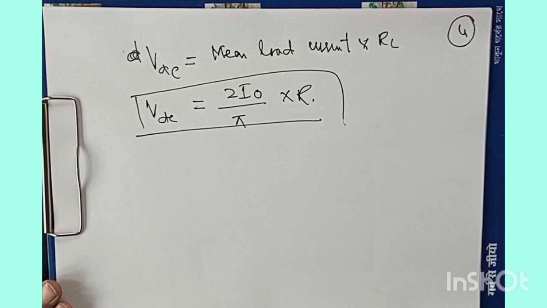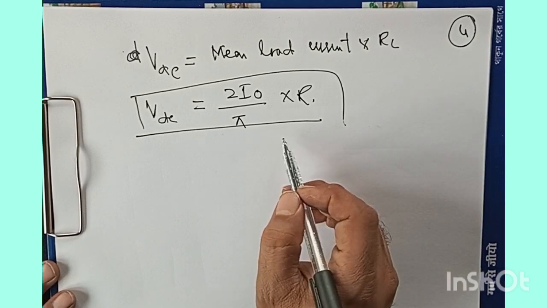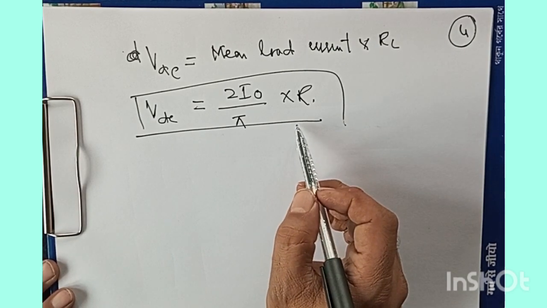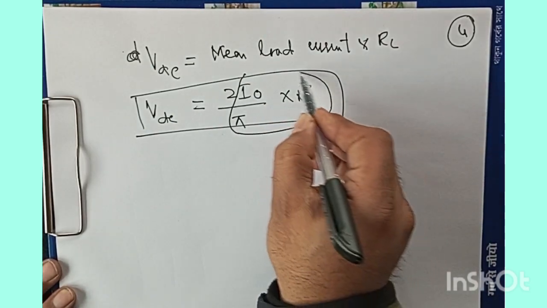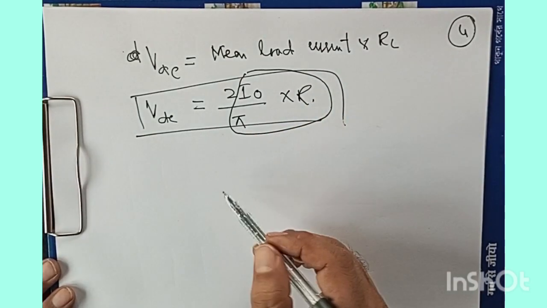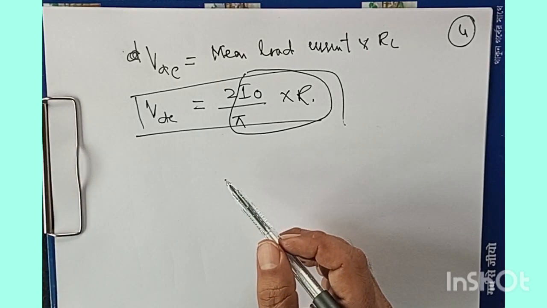So this way we have seen how a half wave rectifier works and how a full wave rectifier works, and we could see the difference, and we could see that the efficiency of the full wave rectifier is more than that of the half wave rectifier, as the name suggests. So the DC voltage in case of the full wave rectifier is twice that of the half wave rectifier.